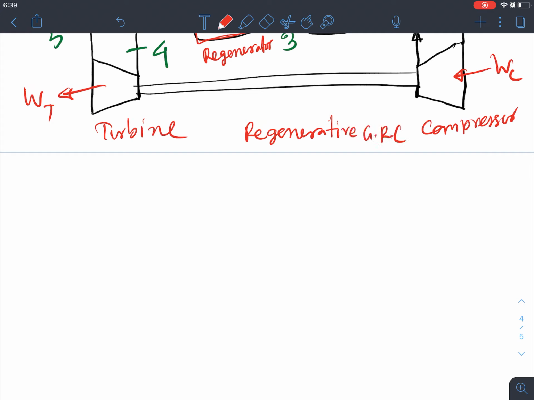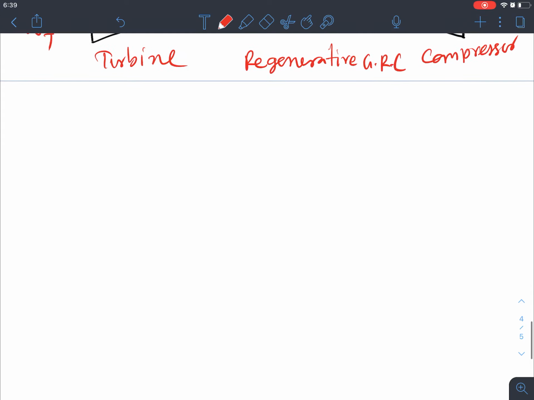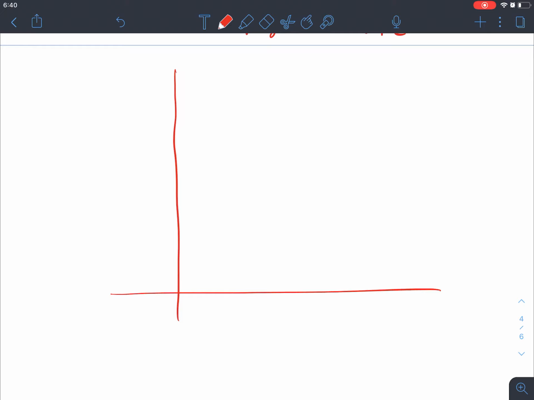This is the regenerative gas refrigeration cycle. This is much more efficient than the open cycle one, right? We are circulating the same air and getting more cooling effect. If we look at the TS diagram, 1 to 2 is the compressor, and then 2 to 3 is the heat rejection.